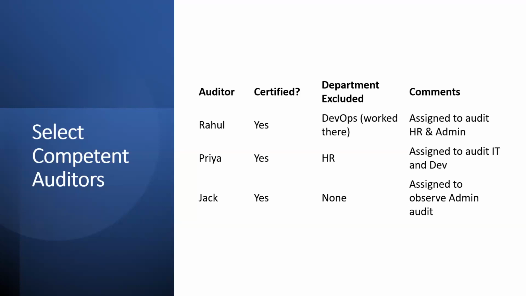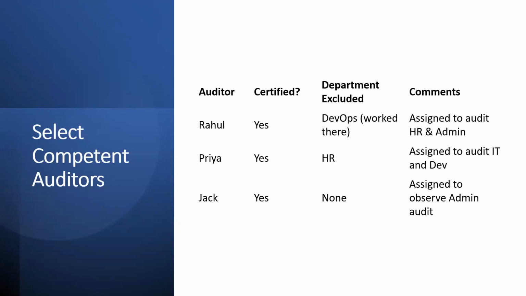What we have done over here is selected some competent auditors. We verified what the competency of those auditors is, and one more thing, we also check whether there is no conflict of interest as well.